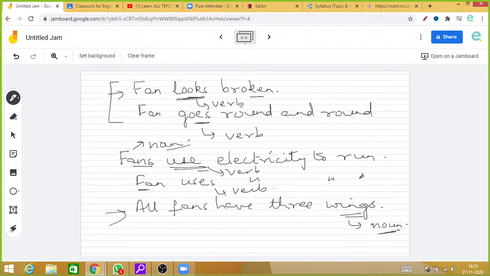All fans have, have is the verb here. Now if you are talking about just one singular fan, then you say a fan has three wings. Like here we said fan uses electricity to run, but fans use electricity. So there is a difference between the word used for singular and plural.